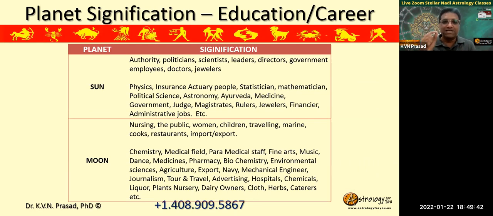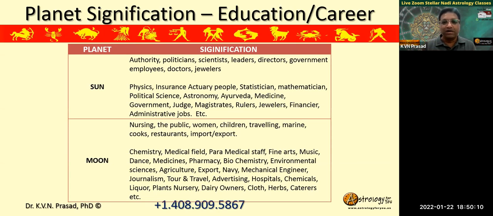Say, for example, medicine, doctor, sun is the natural karakatva, right? If somebody wants to become a doctor, sun has to be there. The sun period has to go through that. Say, for example, somebody has weak combination, but still sun period is going on, and dasha and bhukti has the full combination, then also you can say, yes, they have a good chance, because sun's natural karakatva itself is medicine.